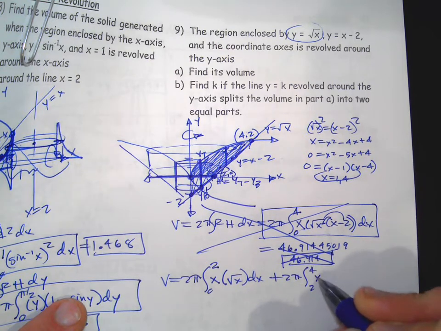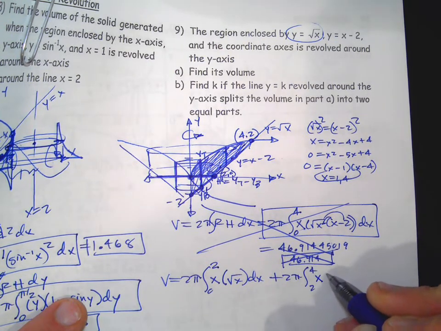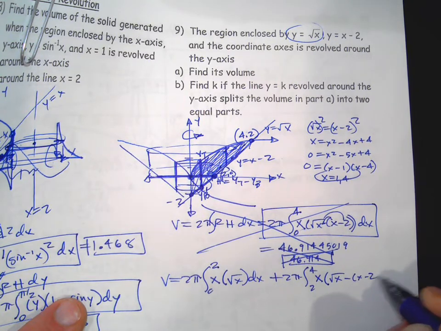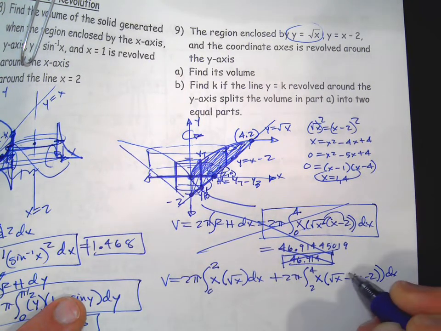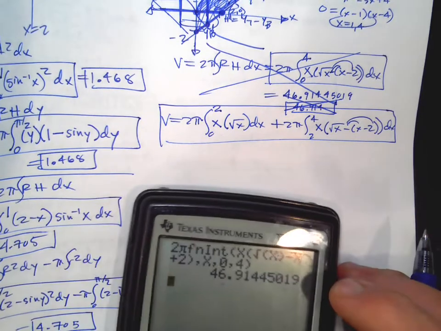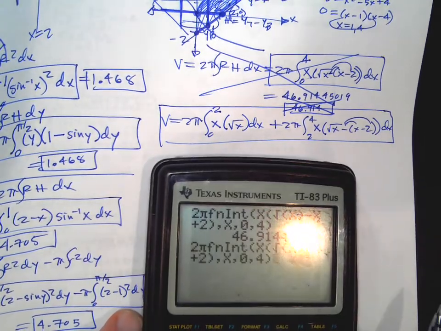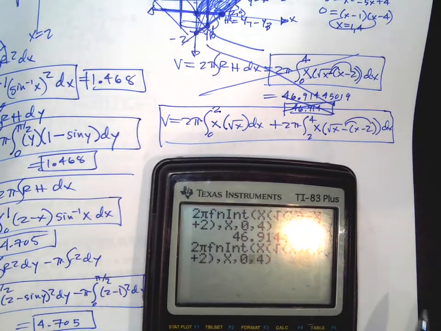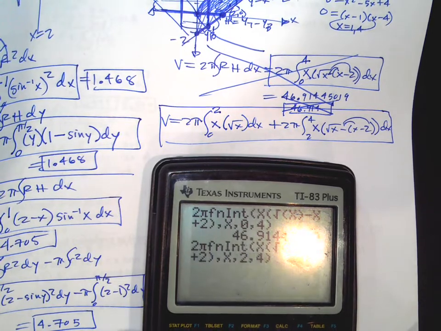The radius is x. The height of the shell is now square root of x minus 2. That's the setup. I just kind of left part of that out. So it's going to have the thing that we just did, but only 2 to 4. So I'm going to just reuse that.